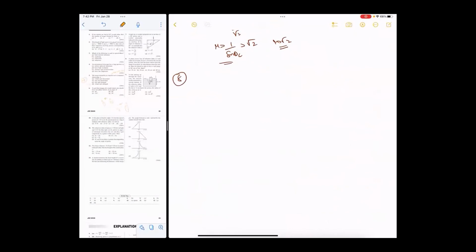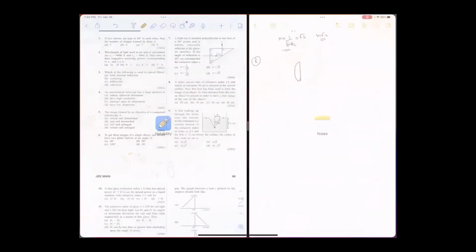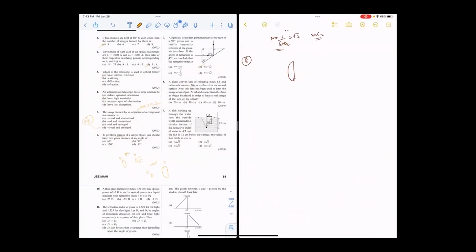So, a plano-convex lens, right? And it is silvered at the curved surface. Okay. So whatever ray goes, this behaves like a concave mirror, no? It goes in, then gets reflected because of this.